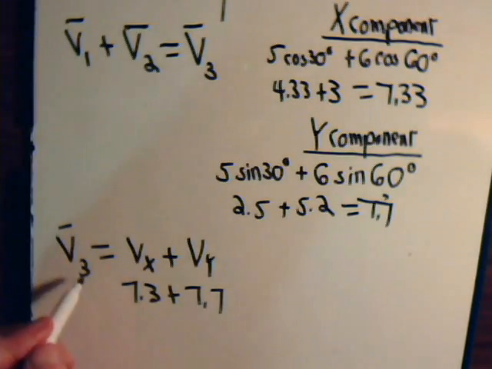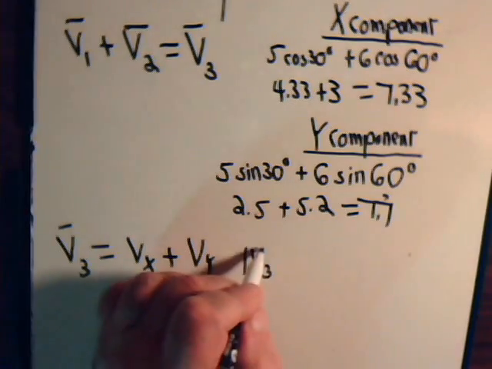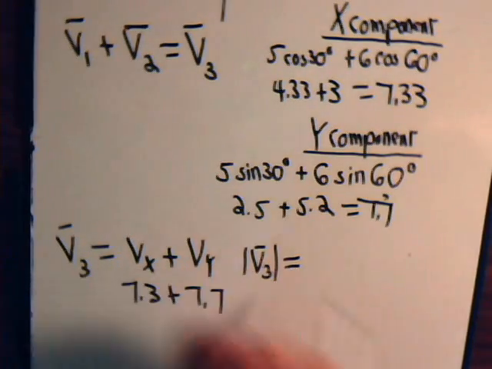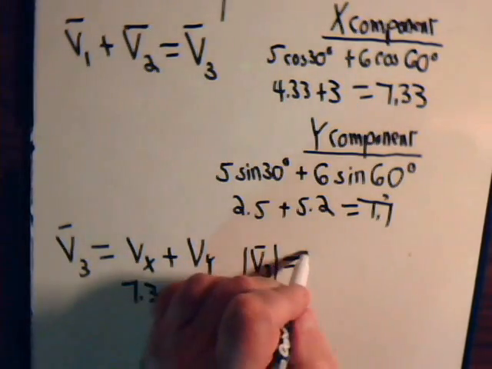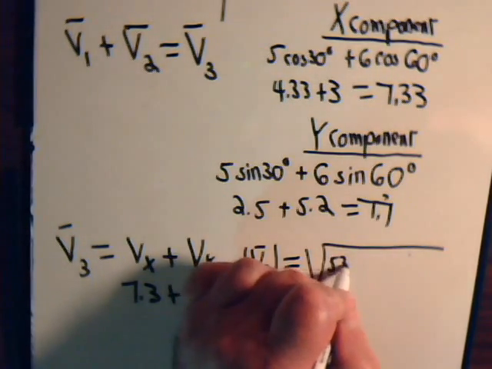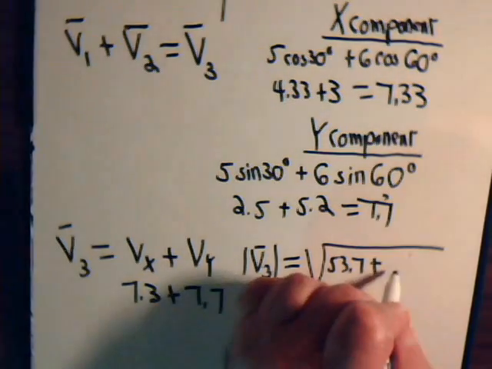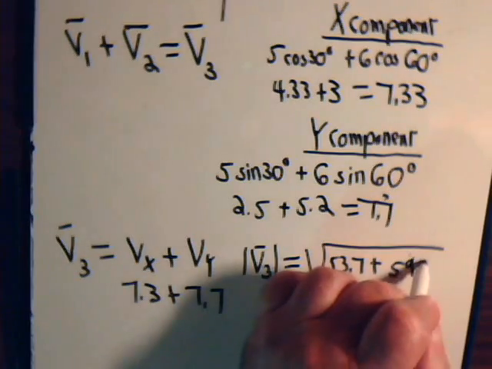So that will equal the magnitude of V3. That will equal the square root of this squared plus this squared. For this we get 53.7, and that squared we get 59.3.